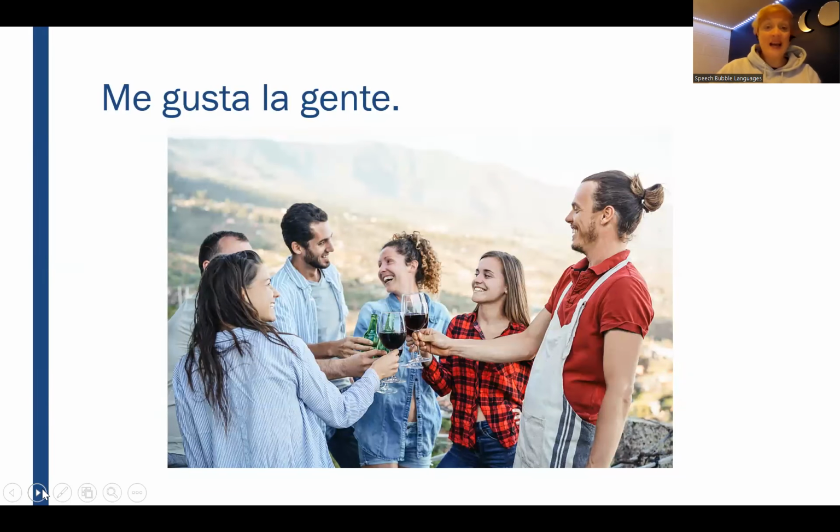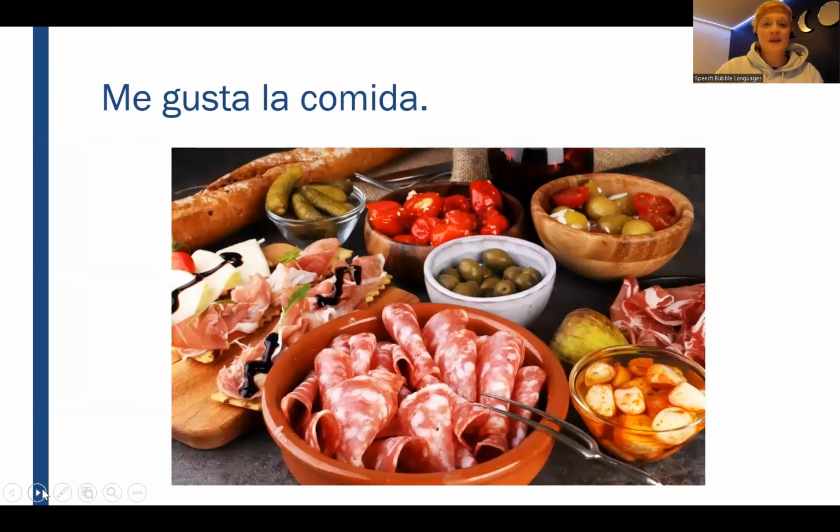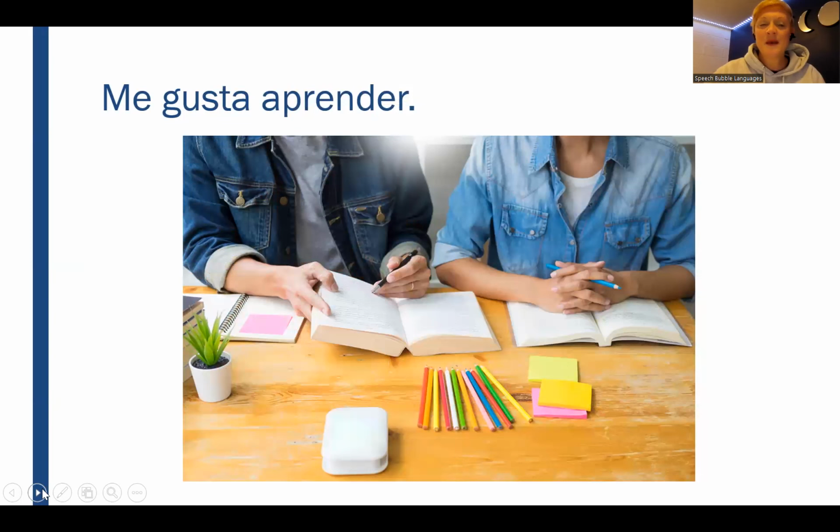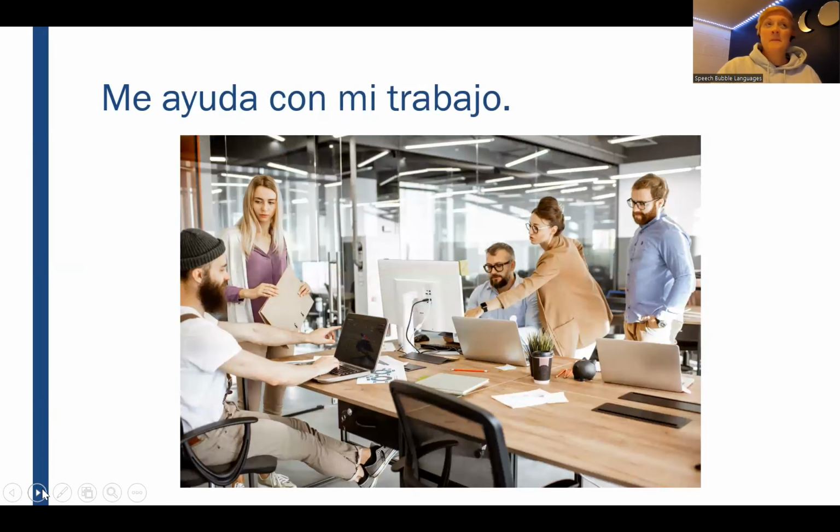Me gusta la gente. Me gusta la comida. Me gusta aprender. Me ayuda con mi trabajo.